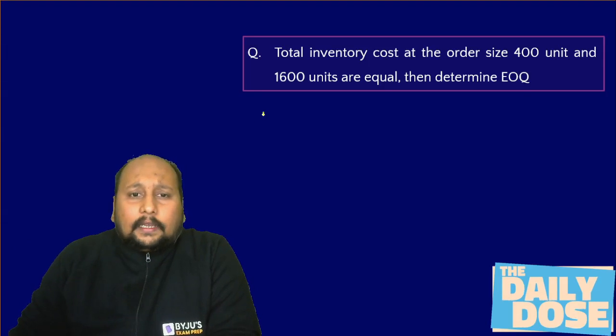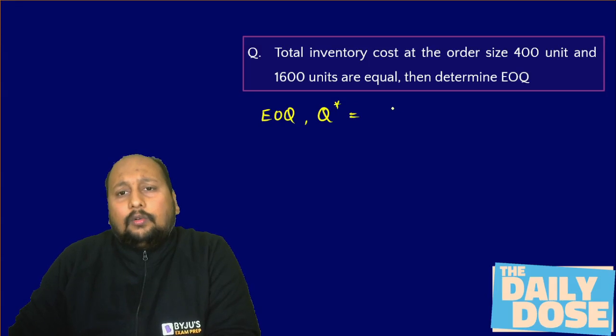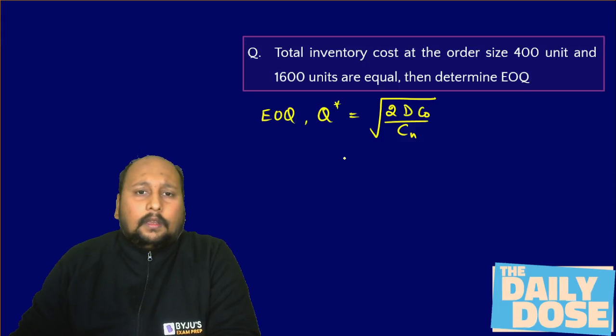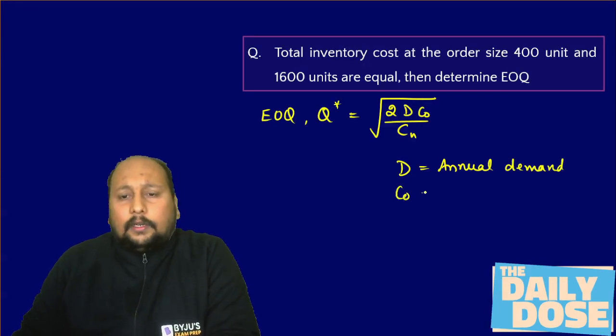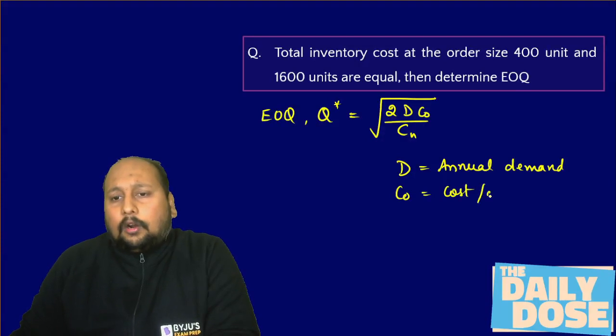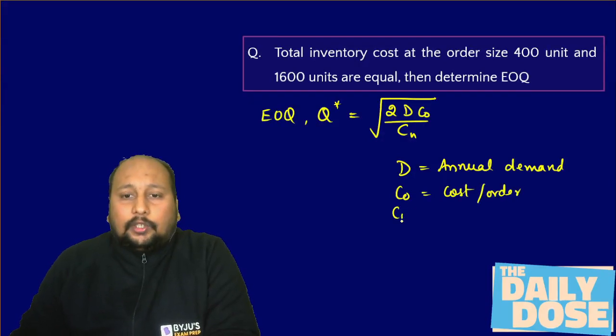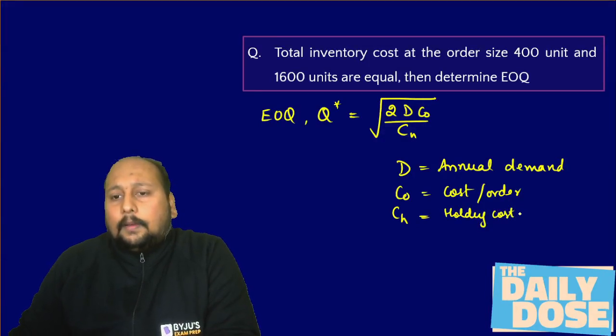Now, we know that the economic order quantity, which we represent as Q star, is equal to root of 2 D CO by CH, where capital D represents the annual demand, CO represents the ordering cost, the cost per order, and CH represents the holding cost per unit per year, right?